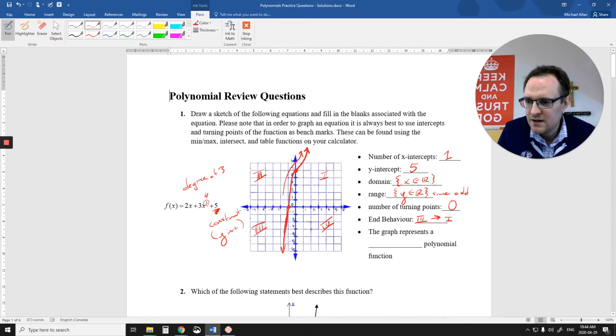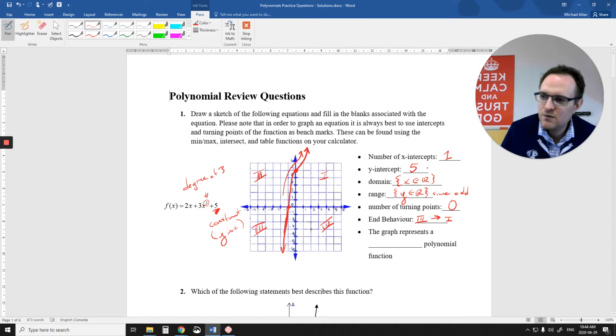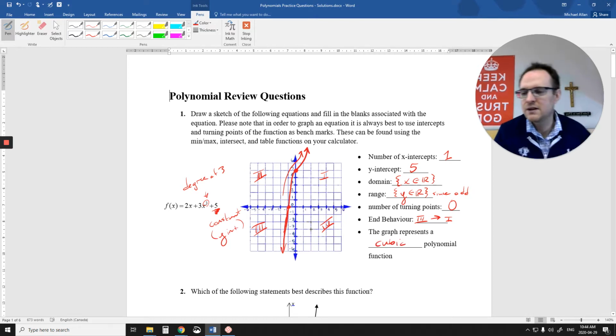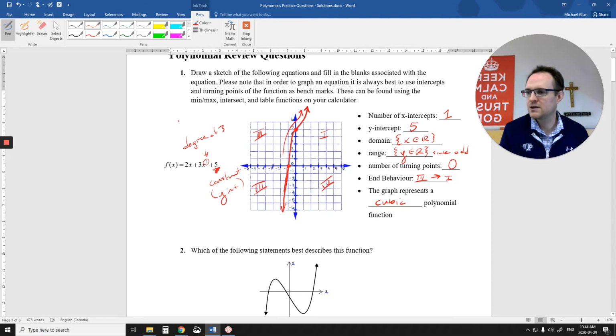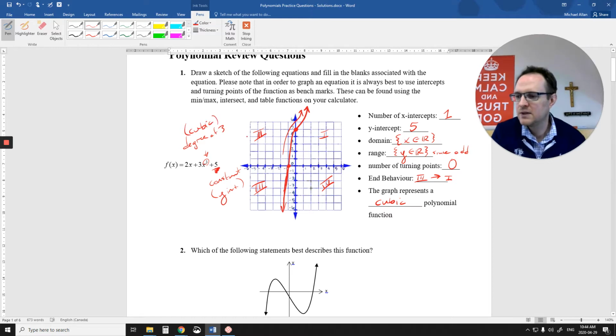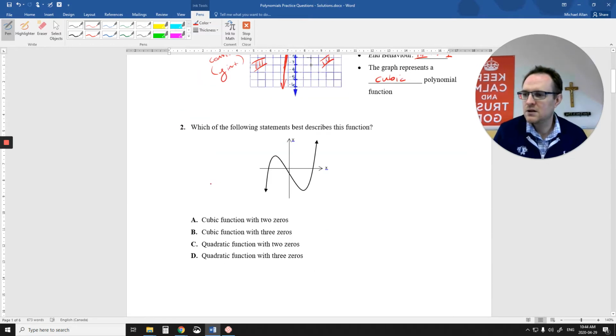Let's see what else we have here. What kind of graph is this? This is a cubic polynomial function because of the degree of 3. Since you have a degree of 3 over here, this is definitely a cubic graph. Based on the shape of this graph, because the ends go in different directions and it has multiple turning points, it's definitely not a quadratic.